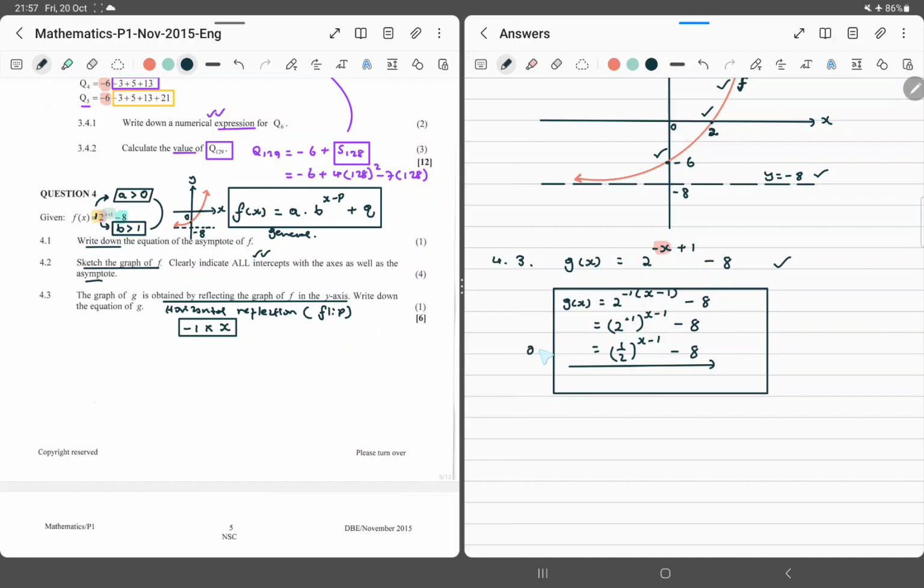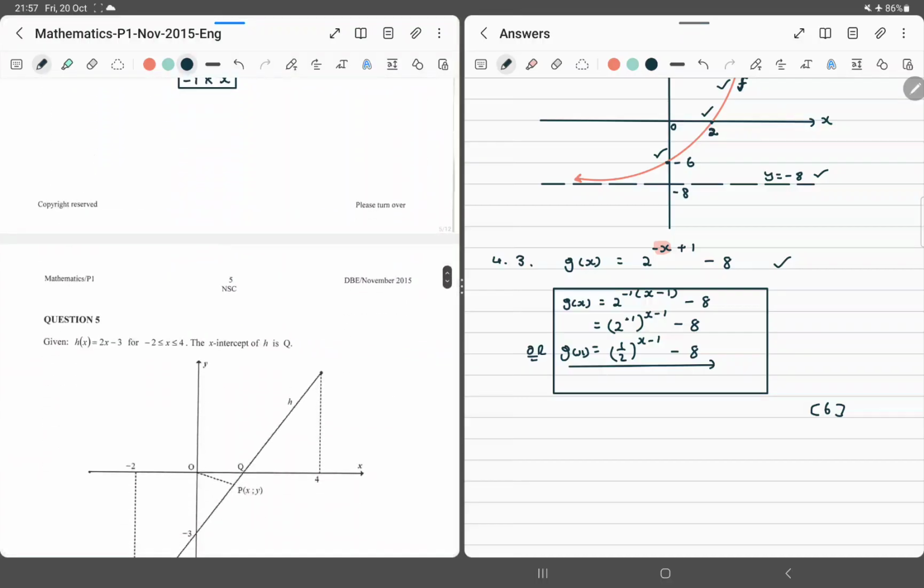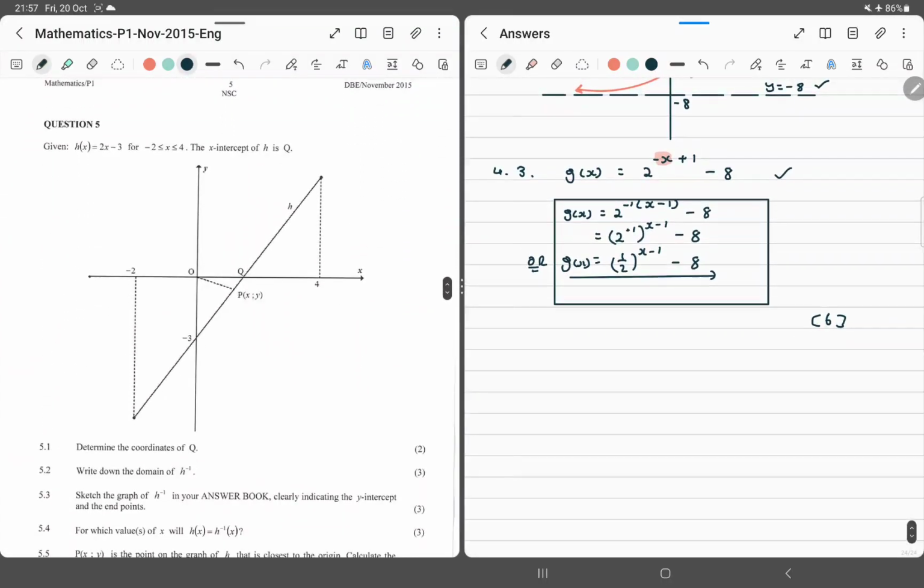So this is an option of writing g of x. You can write it this way, or you just leave it in a simple way so that you don't lose unnecessary marks. So this was 6 marks. Let's move on to question 5.